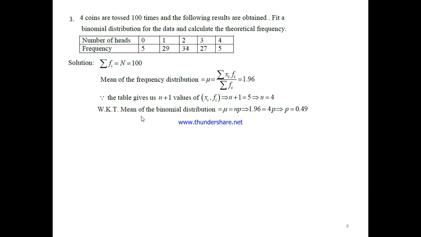We know that the mean value of the binomial distribution is given by n into p, where the value for n is 4 and the mean value is 1.96. Now by simplifying this, we'll get the value for p as 0.49. And when the value for p is 0.49, our q is 1 minus 0.49, that is equal to 0.51.